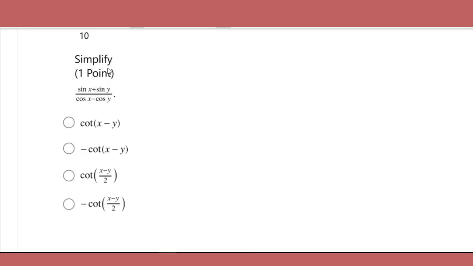Number 10. Simplify sin x plus sin y over cos x minus cos y. Here we use the factor formula, sum to product.